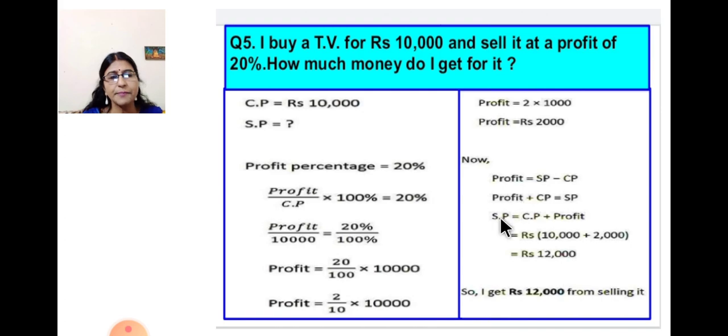Or we can write SP is equal to CP plus profit. And we know CP is given 10,000 in the question. So we'll write 10,000 plus profit we got just now, that is 2,000. And this we will add. So we'll get 12,000. So I get rupees 12,000 from selling it. So selling price of the TV is rupees 12,000.